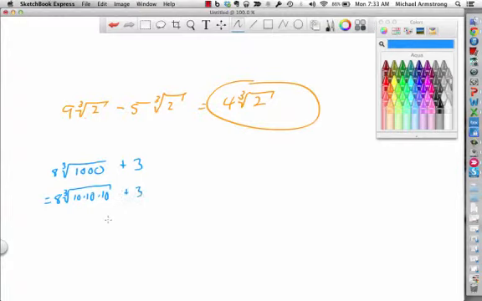Okay, so we can make that look like that. So this becomes 8 times 10, because the cube root of 1000 is going to be 10, plus 3. So that's the same as 80 plus 3. And that's the same as 83.